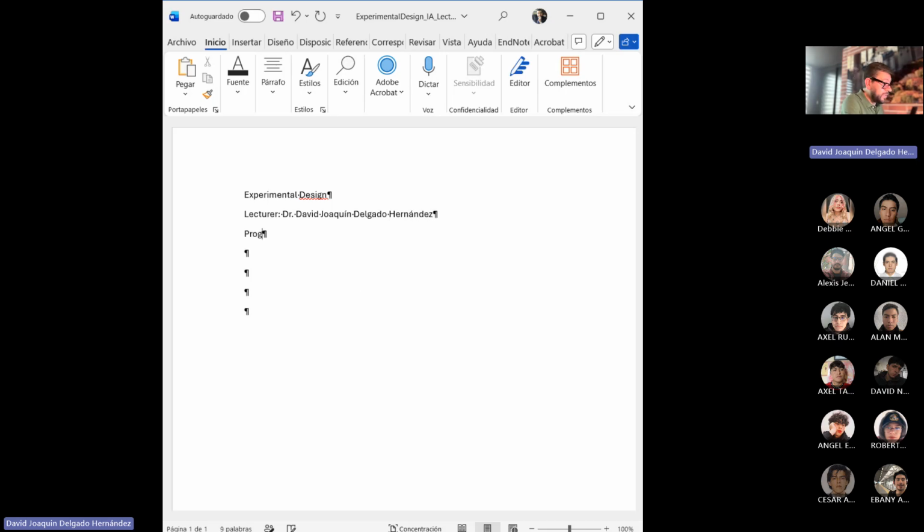The program is the Bachelor in Science in Artificial Intelligence at the Autonomous University of the State of Mexico.